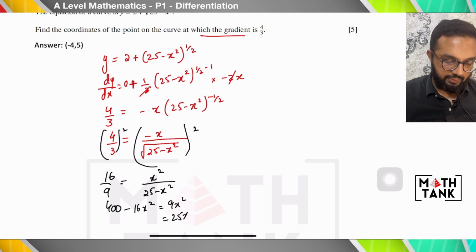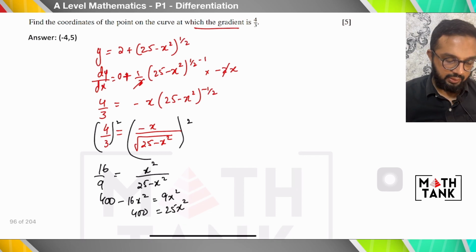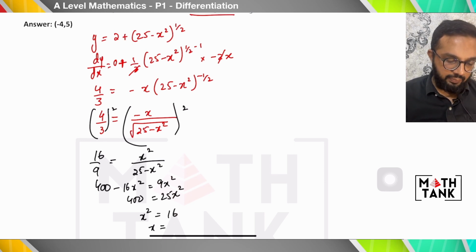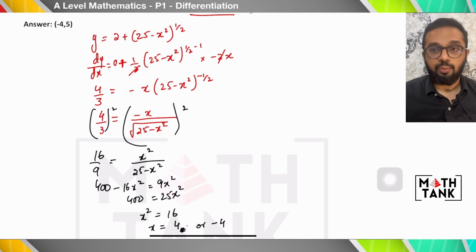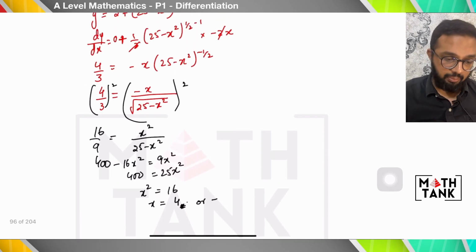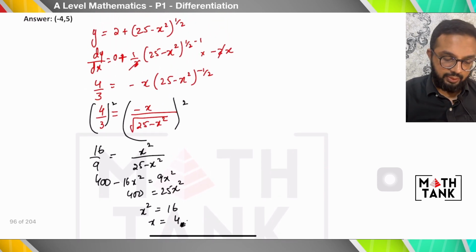That's 25x squared equals 400. 400 divided by 25 will give me 16, of course. And x could be either 4 or minus 4. Okay, but I will have to check which answer actually gives me a gradient of 4 over 3, because I removed the root, which means that I must have forgone something, and that is what I need to check.